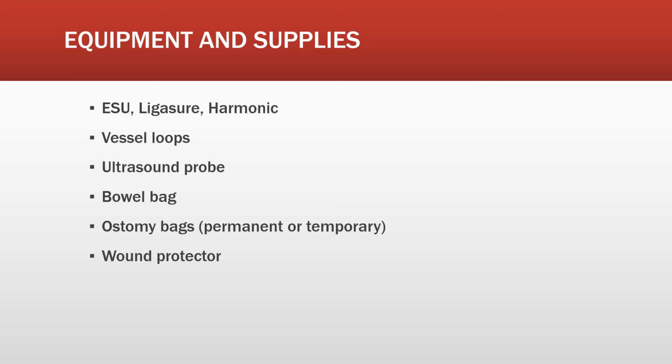These can go over the intestines when we have them outside of the abdominal cavity for protection and to keep them moist. Ostomy bags for our colostomies and ileostomies, our ureterostomies. They may be permanent, where the patient is going home with them, and that will be a permanent fixture for the rest of their lives, or they may be temporary and they may come back and be taken down in a few weeks after healing occurs. Okay, and we might also use wound protectors.